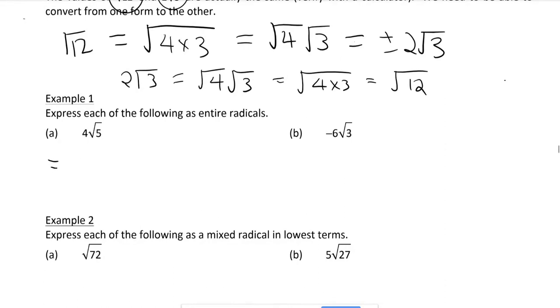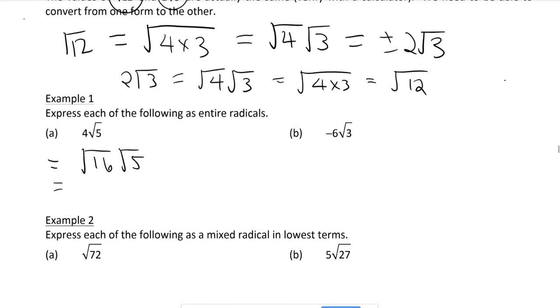The first thing I want to do is take this 4 and express it as a radical. What value, when you square root it, will give you 4? That will be 16. So I'm going to change this 4 into the root of 16. And this root of 5, we don't touch that yet.